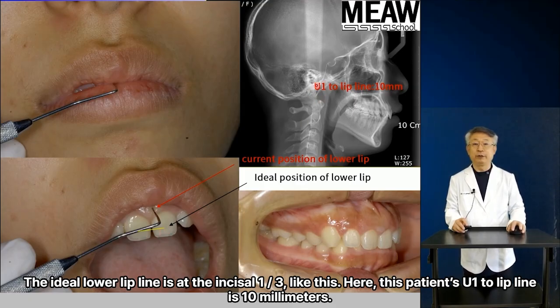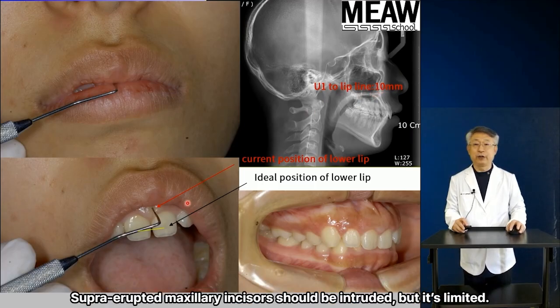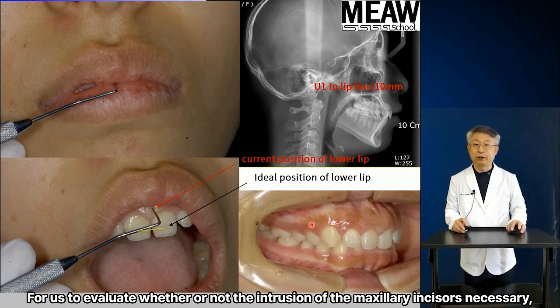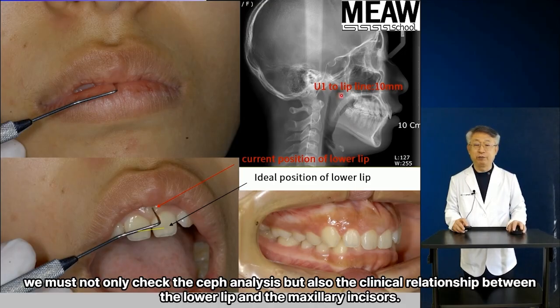Here, this patient's U1 to lip line is 10 mm. Supra-erupted maxillary incisors should be intruded, but it's limited. For us to evaluate whether or not the intrusion of the maxillary incisor is necessary, we must not only check the Ceph analysis but also the clinical relationship between the lower lip and the maxillary incisors.